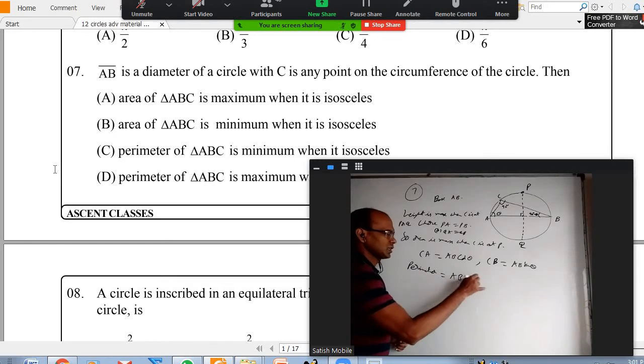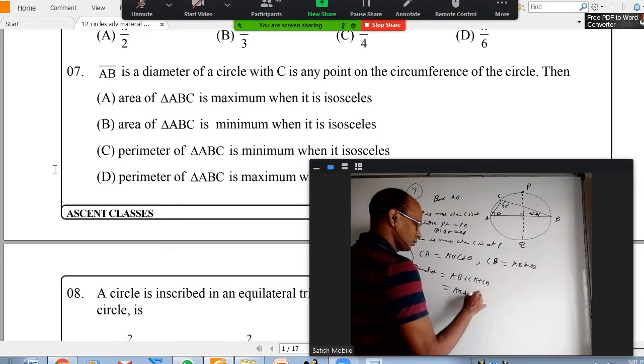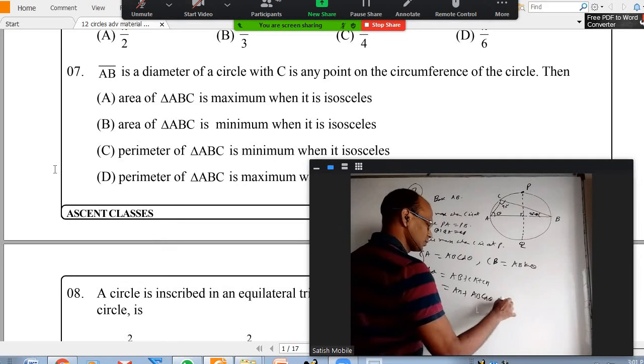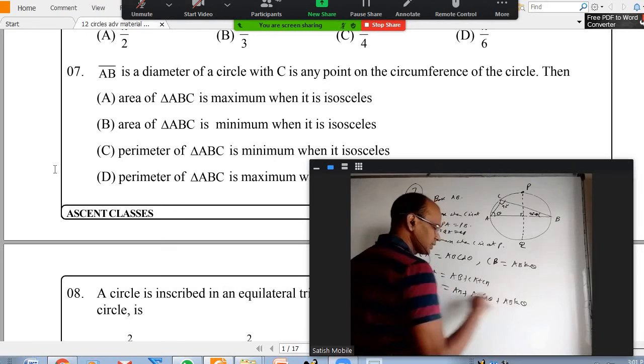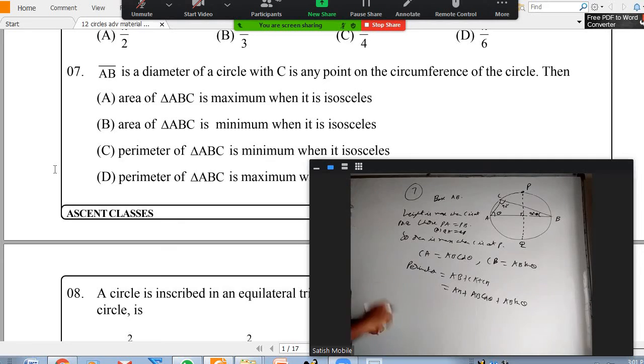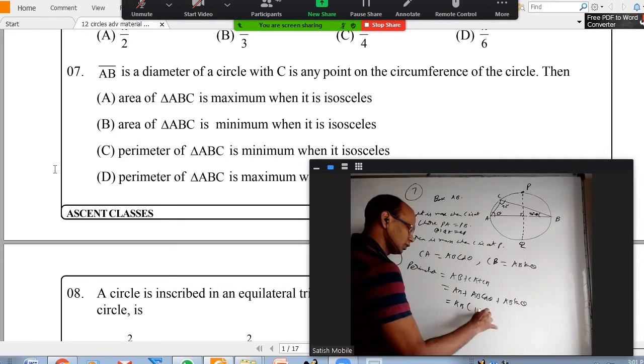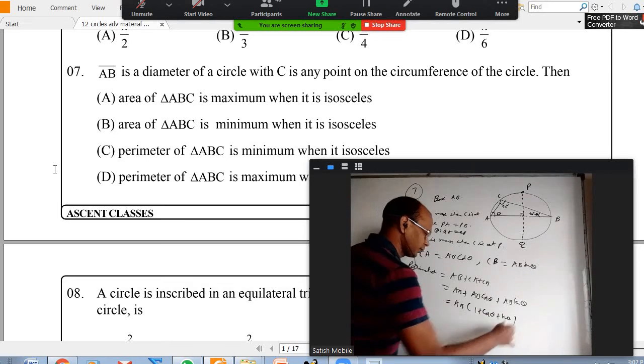AB plus CA plus CB is the perimeter. AB is AB only. CA is AB cos theta. CB is AB sin theta. AB is fixed, but theta is changing. We know cos theta plus sin theta has maximum value root 2, and that happens when theta is 45. So the perimeter is AB into 1 plus cos theta plus sin theta.